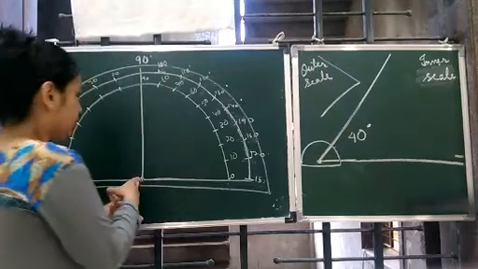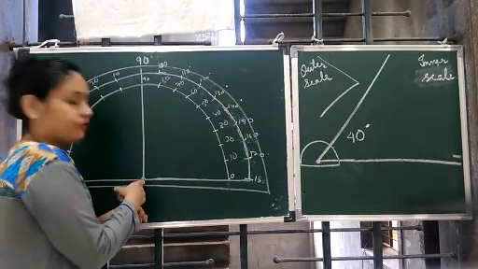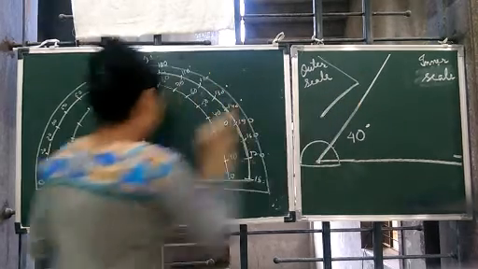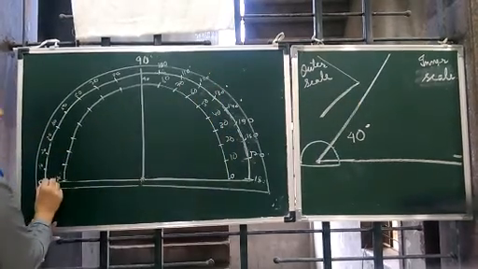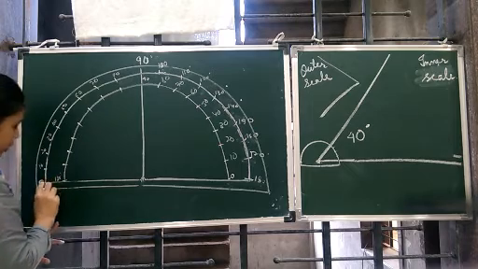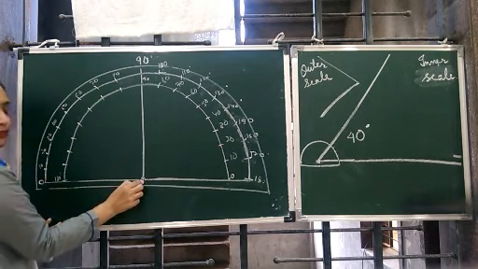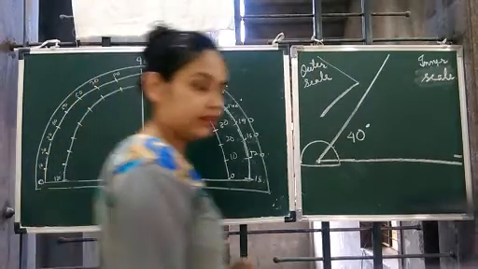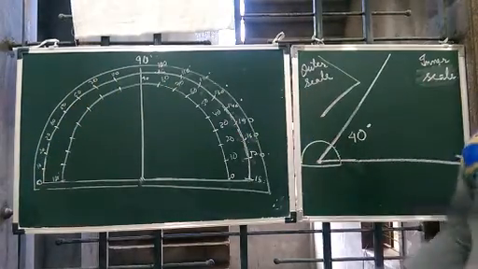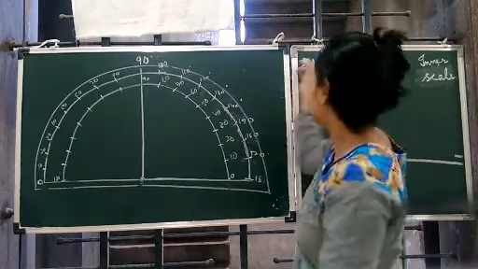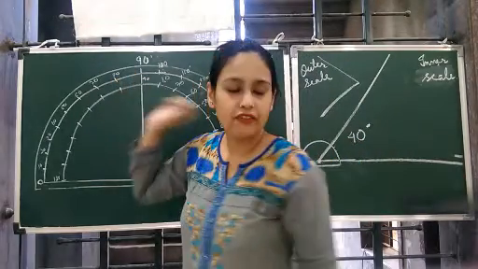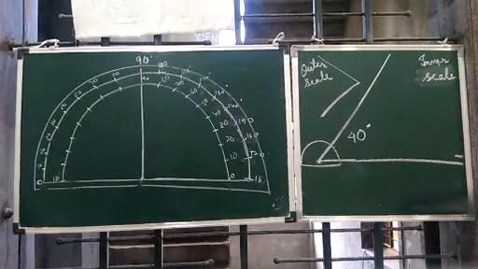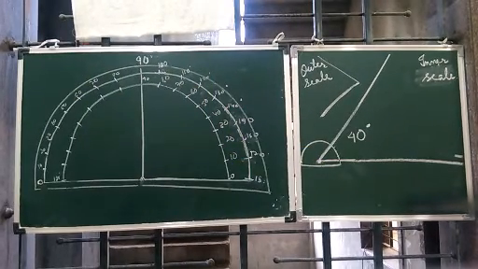Then we take the vertex of the protractor on the vertex of the angle, and the baseline should be exactly on the baseline of the protractor, that is the zero line, which is why it is longer. Then we see where this line coincides. Clear? Which scale is telling us? In the outer scale, where is this line going? Must be at 85 or something. Got it?